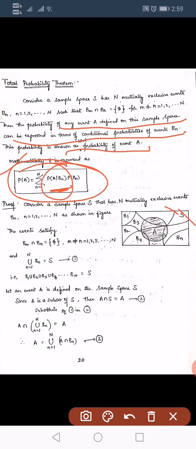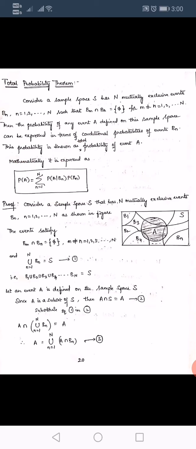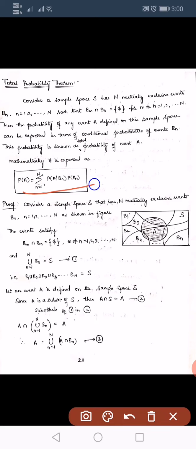We can write it as P of A given B1 into P of B1, plus P of A given B2 into P of B2, plus P of A given B3 into P of B3, and so on up to n terms. Let us see the proof of this total probability theorem.